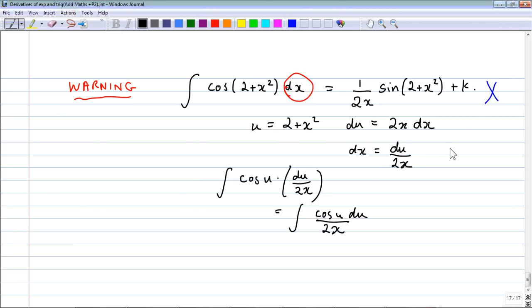Well, x is actually the square root of u minus 2. So this would be something like integral of cosine u over the square root of u minus 2 du. And let me put a big question mark here.